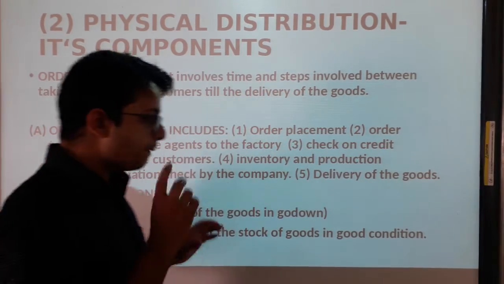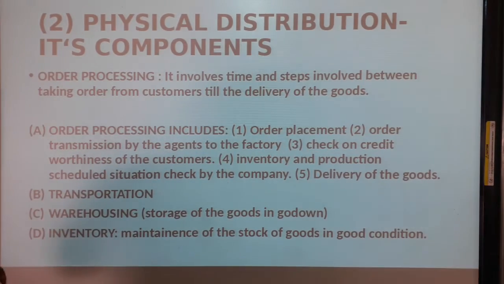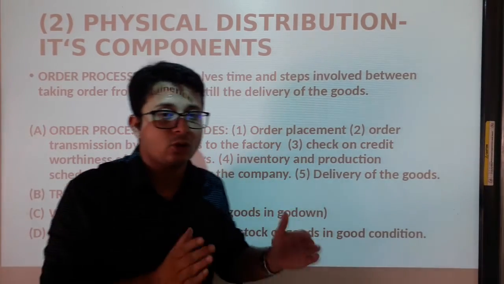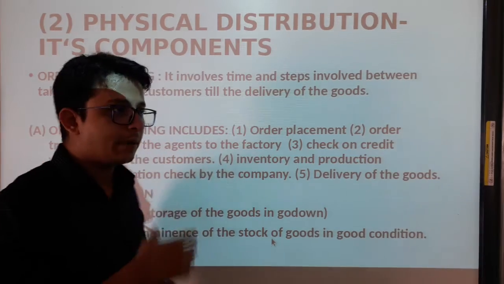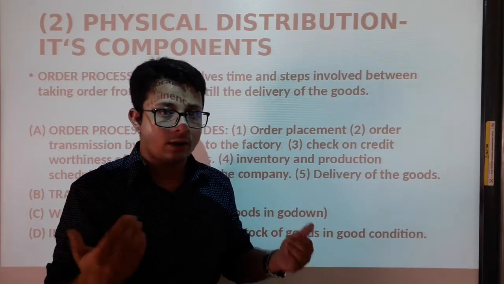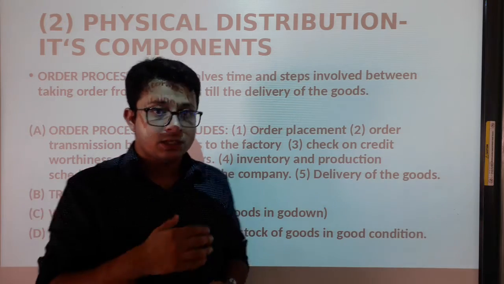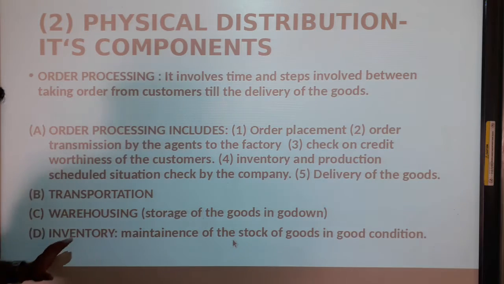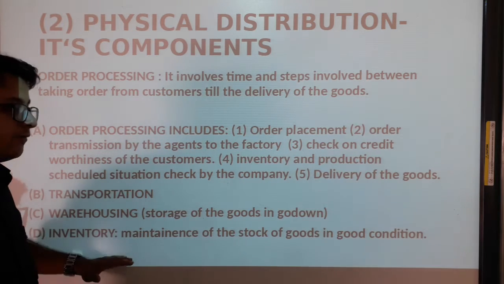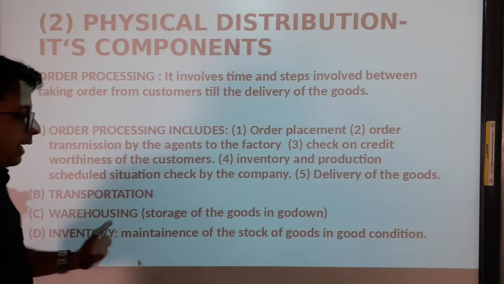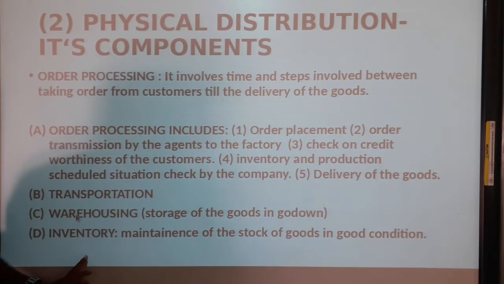In that case, the company or the manufacturers apply certain techniques, certain methods so as to keep the goods safely in the godown. They may be applying certain pesticides, various measures so that the goods will not be spoiled or damaged by certain natural calamities. All those things are called inventory management. In inventory management, lots of things are to be done. This is a costlier concept and a broader concept than warehousing.